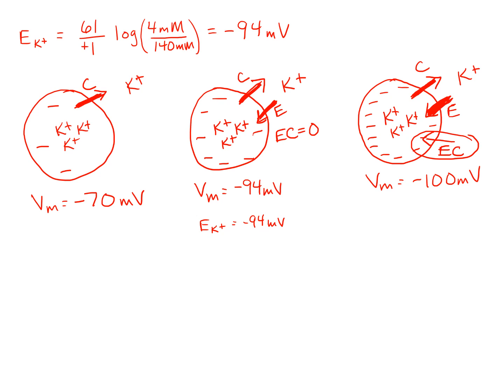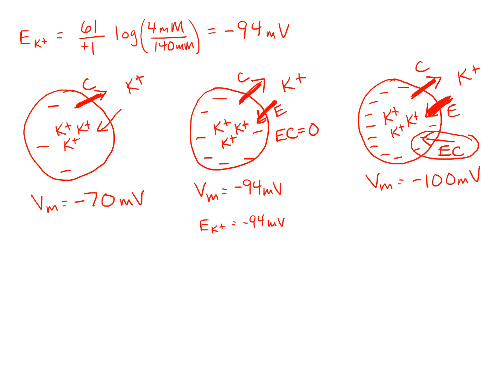But our electrical driving force has changed because we've changed the number of charges from our membrane potential. So now we have fewer negative charges inside the cell than we did at minus 94 millivolts. So potassium still wants to go into the cell to be by those negative charges, but it doesn't want to go in as much as it did at equilibrium at minus 94 millivolts.